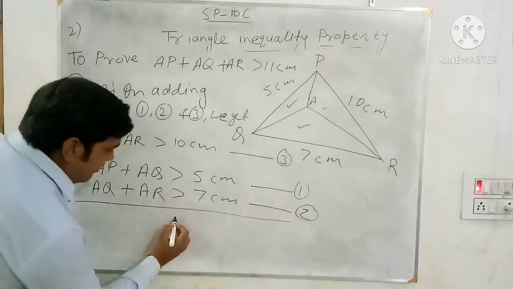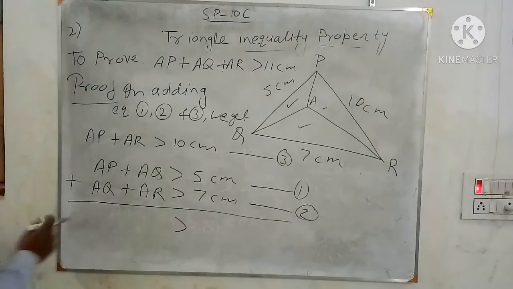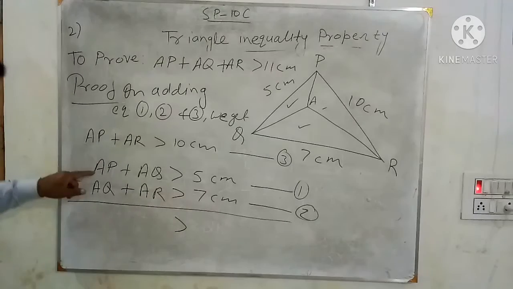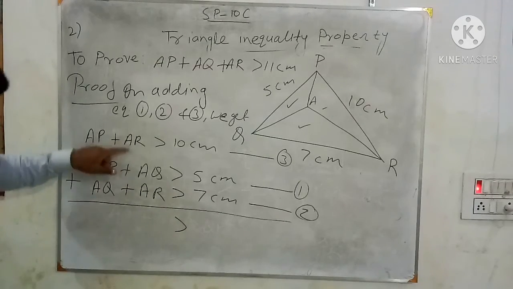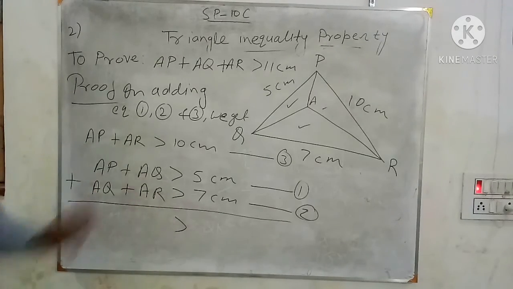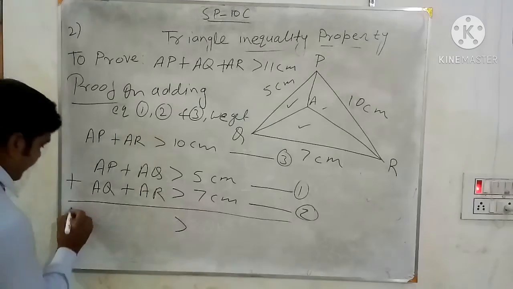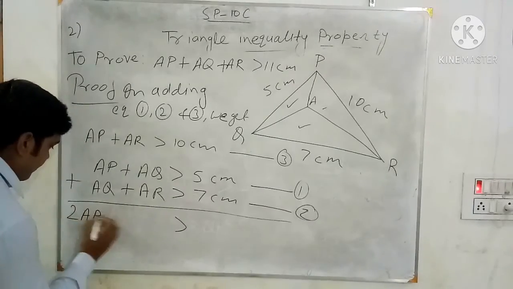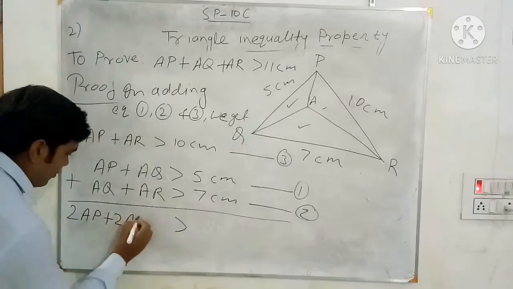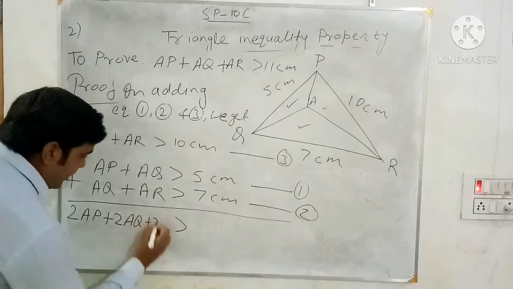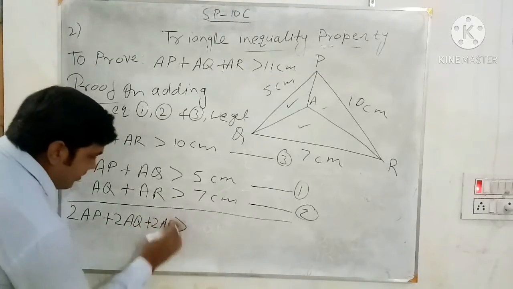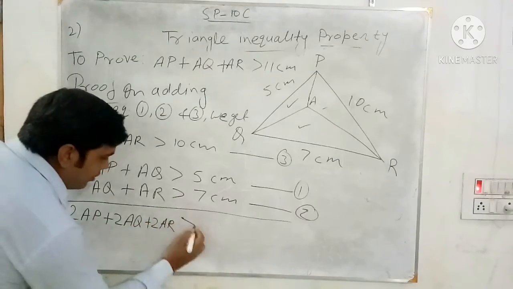So here is the inequality greater than symbol. When you add, you will find AP plus AP 2 times, AR plus AR 2 times, AQ plus AQ 2 times. So we write 2AP plus 2AQ plus 2AR. So everything is 2 times.